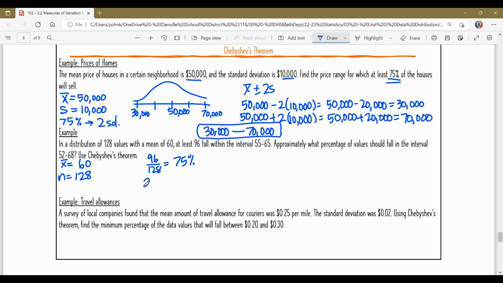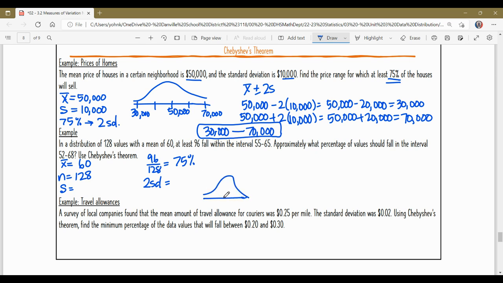So I'm thinking that we have 2 standard deviations. Now, I probably need to know what my standard deviation is. I knew what it was in the first example here, but I don't know what it is in the second example. So if we think about a picture, let's do a picture right here.